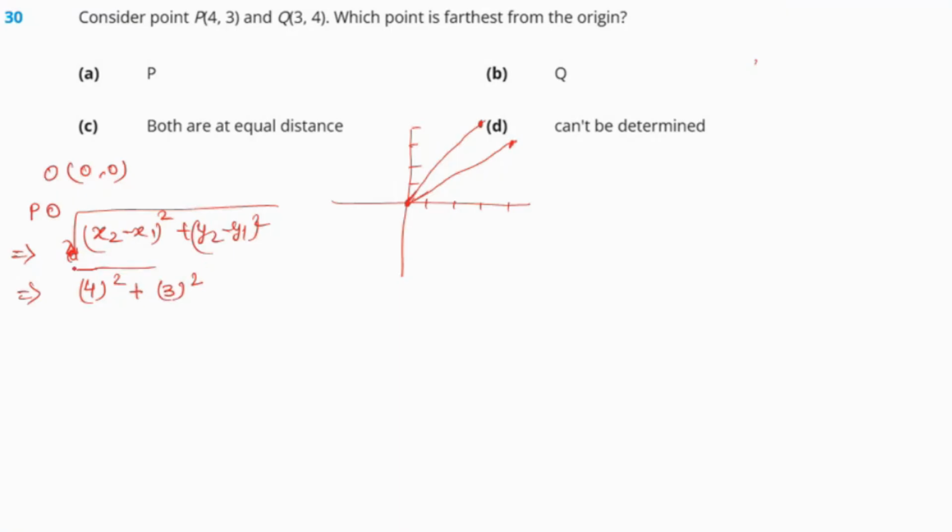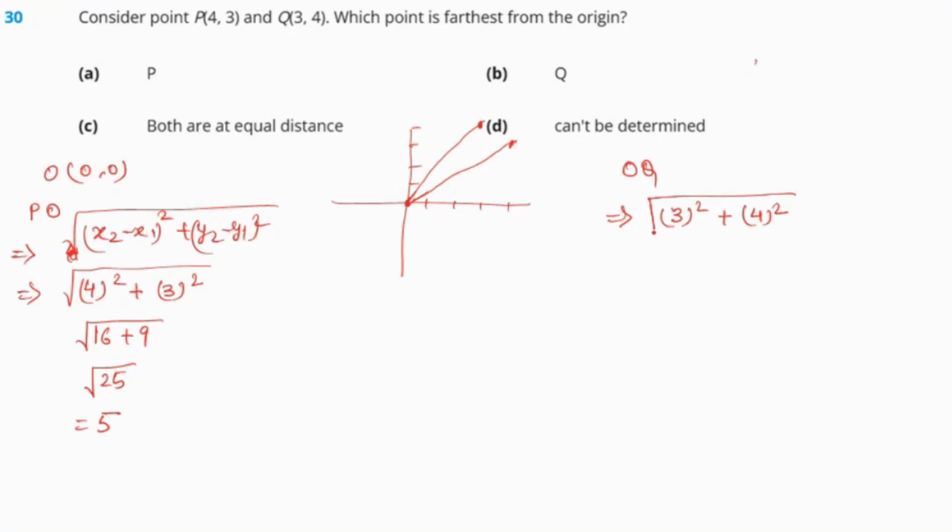That gives us 16 plus 9, which is 25. Root 25 is equal to 5. So the length of PO is 5. Similarly, the length of OQ is 3 minus 0 whole square, which gives 3 square, and 4 minus 0, which gives 4 square.